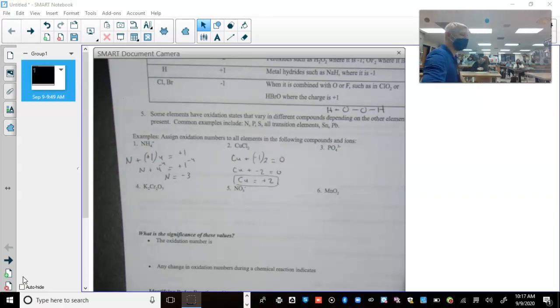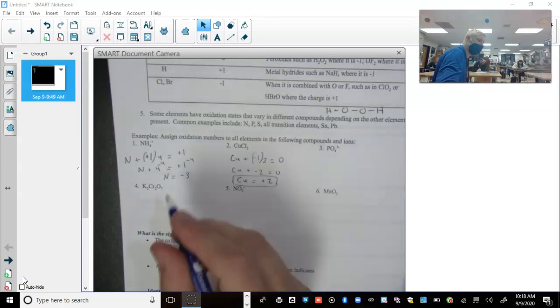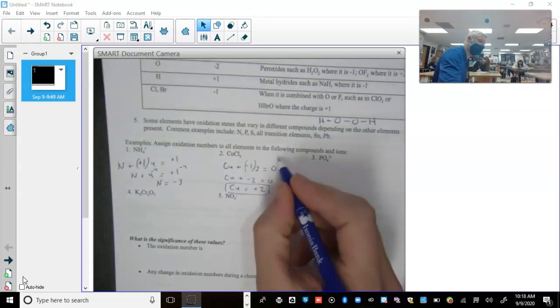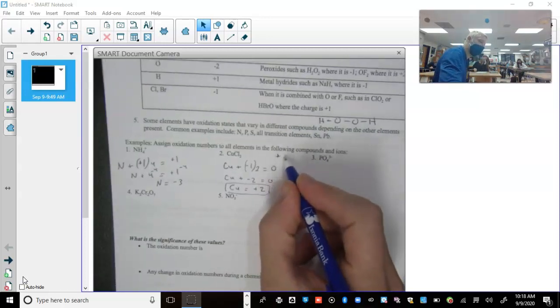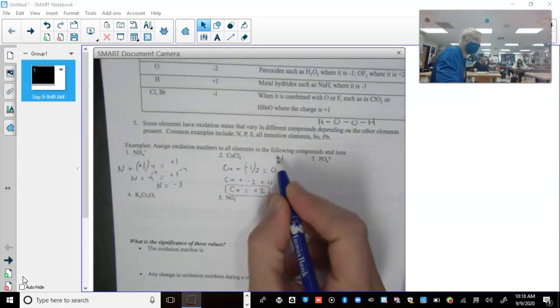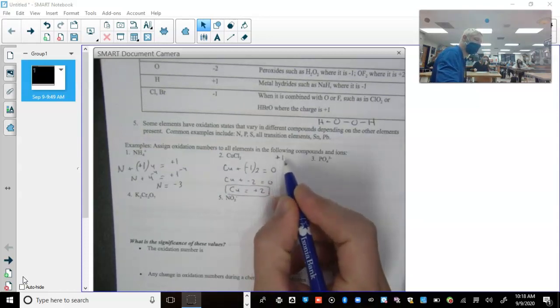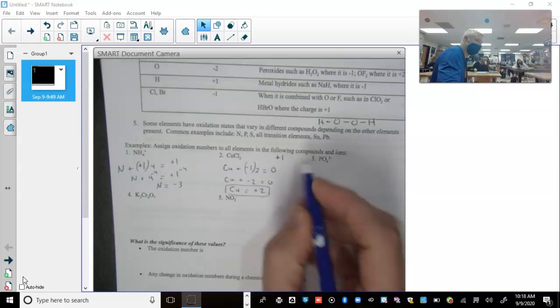Chlorine is basically always going to be -1 if it's with a metal or a positively charged element. But once it starts bonding with a non-metal, then it could be one of its other possible charges or oxidation states. Key to know, and I haven't been paying attention, but I've been consistent with this: if you have a charge in front, +1, that is the oxidation state.